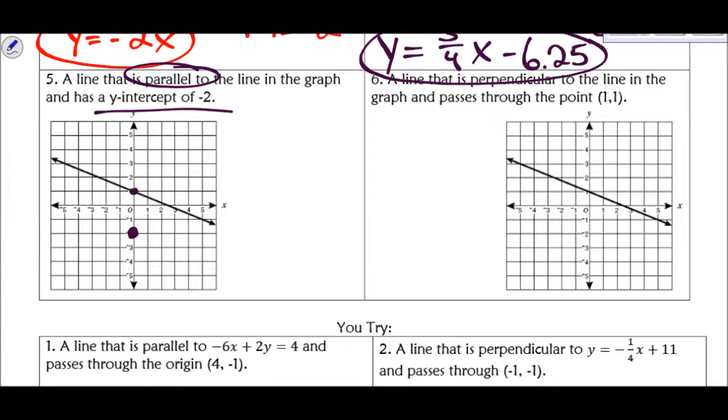I see that that's starting there. And the next point that I can clearly see is that one. It's going down 1, 2, and over 1, 2, 3, 4, 5. So from that point, down 1, 2, over 1, 2, 3, 4, 5.